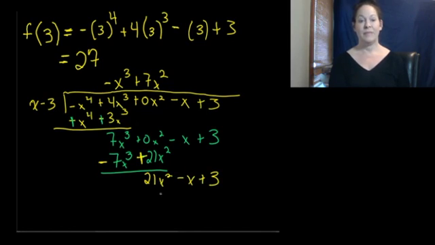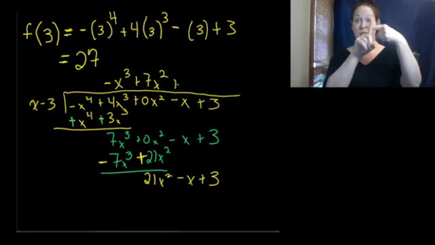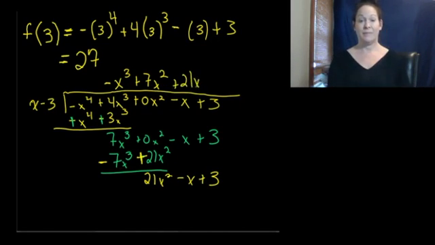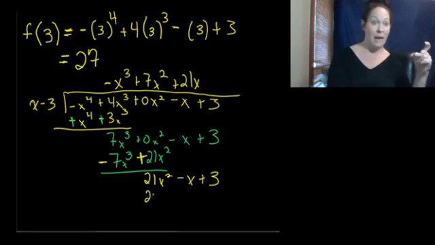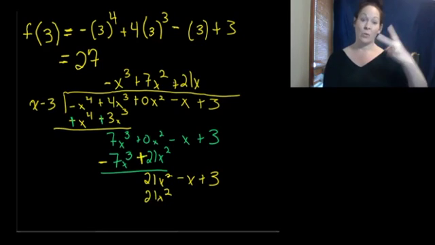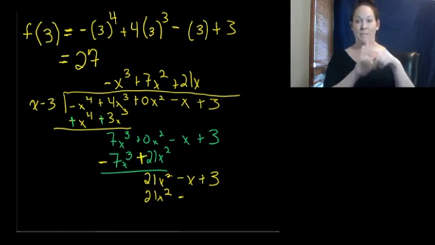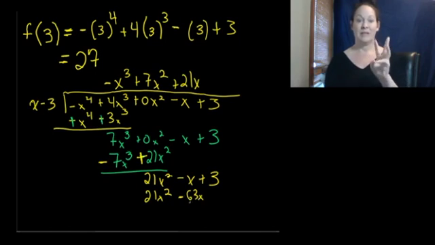Well, to get 21x squared, this is my new leading term, and if I divide these, I get a positive 21x. So I'm going to multiply it back through. 21x gives me 21x squared minus 63x.